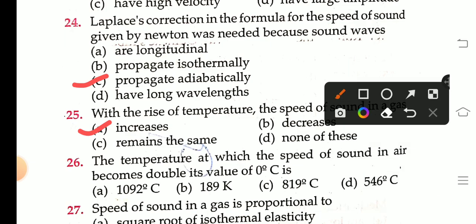Next, the temperature at which the speed of sound in air becomes double its value at 0 degree Celsius is, right answer option C, 819 degree Celsius.